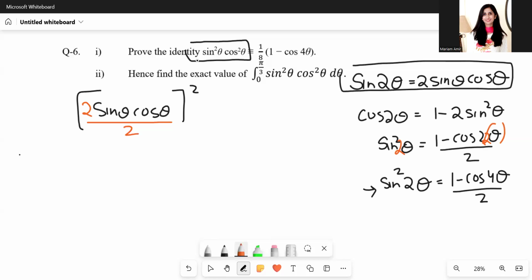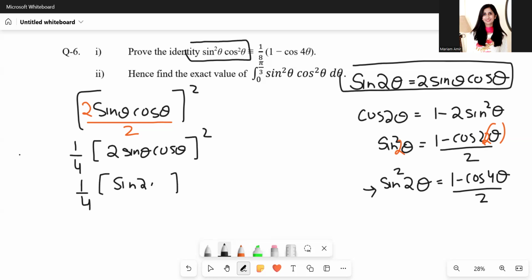Now the denominator becomes a 4 because there's a square on it, so I'm going to put that on the side, 1 over 4. And inside I'm getting (2 sin θ cos θ) whole squared, which is sin 2θ whole squared.